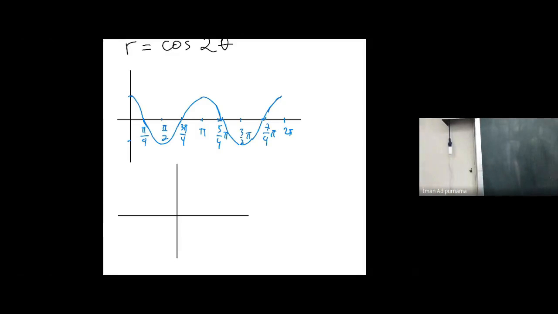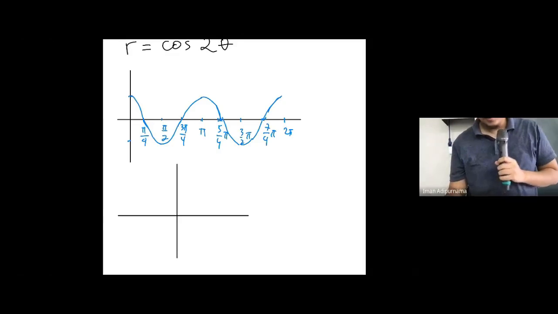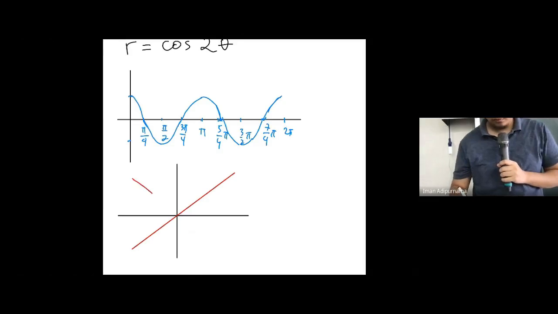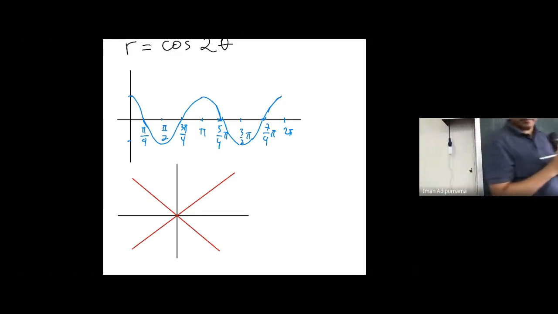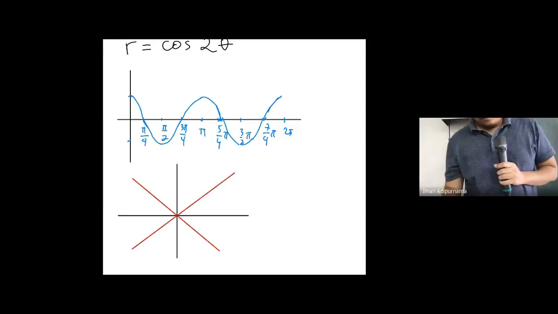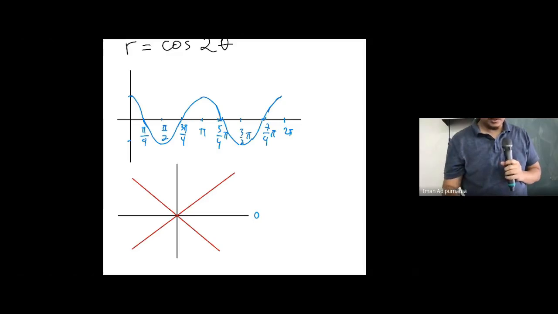Because we have pi over 4, let me have pi over 4 as a guideline in our graph. Hopefully it's 45. Now this is 0, this is 90, 180, 270.